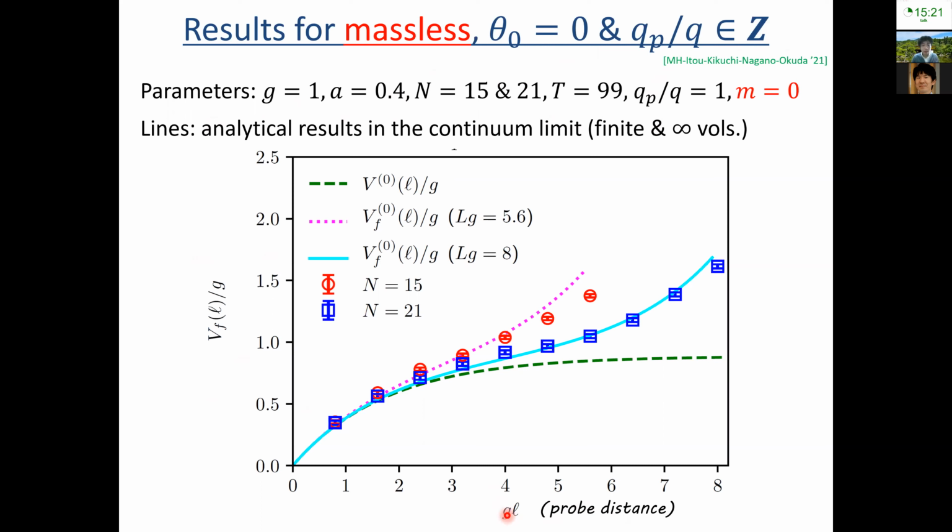And we found agreement for the chiral condensate with the exact result and mass perturbation theory for the small mass case. And we explored the screening versus confinement problem and the negative string tension behavior.